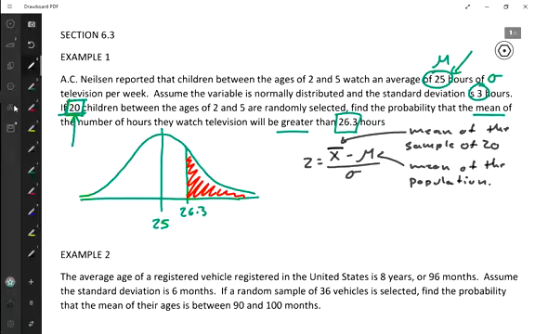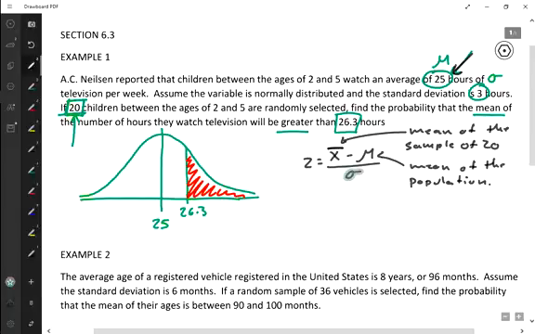Or the 20 you selected, all they did was watch TV at home. You can see that the sample mean would deviate, it would vary compared to the overall population mean, where all types of children are included between the ages of 2 and 5. So we're not comparing a single value to the population, we're comparing a sample mean to the population mean.